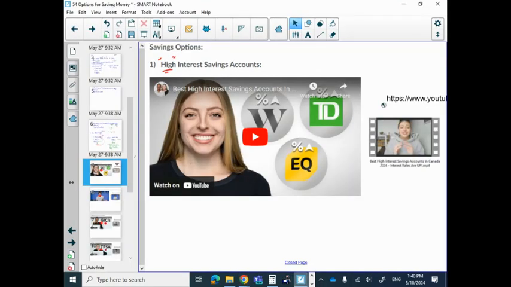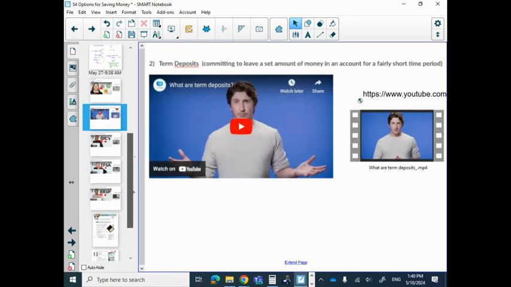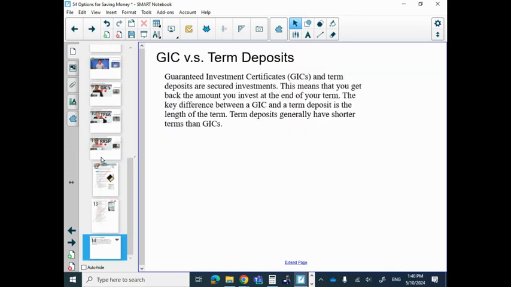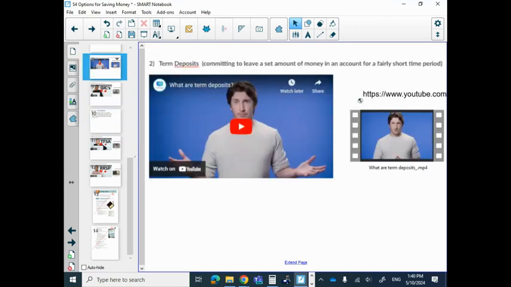So obviously high interest savings accounts are one way. Another way is term deposits. The main difference, just to clarify right away, is that I want to compare to GICs. But term deposits differ from a regular savings account in that you say, okay, I'm going to leave this money there for 6 months, or you sign a contract, and you leave the money for a set amount of time.